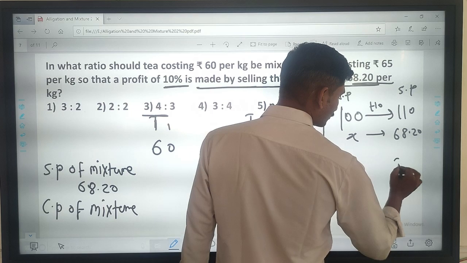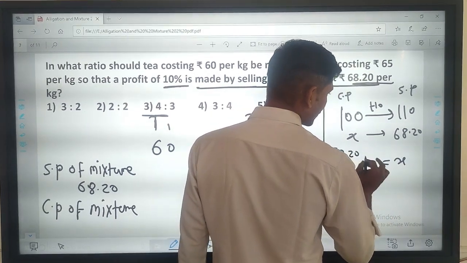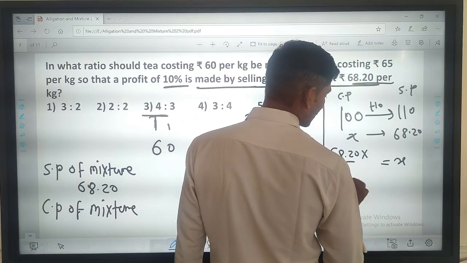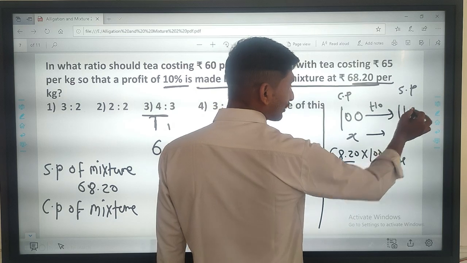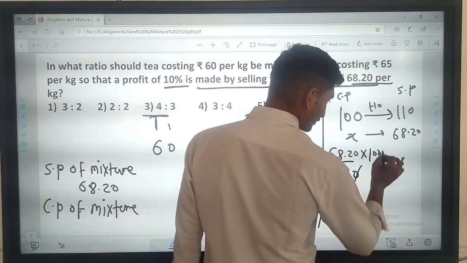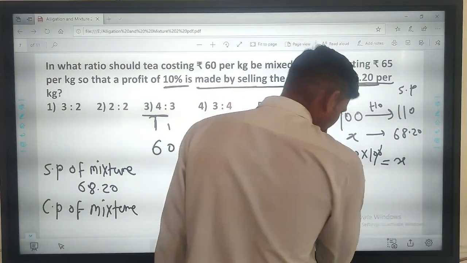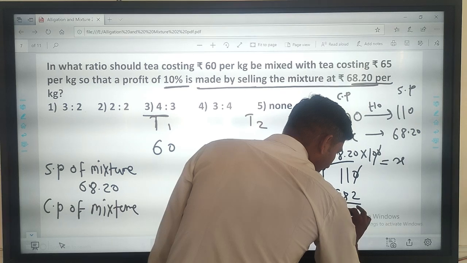Then X is equal to 68.20 into 100 divided by 110. Now the zero gets cancelled, so we write 682 divided by 11.